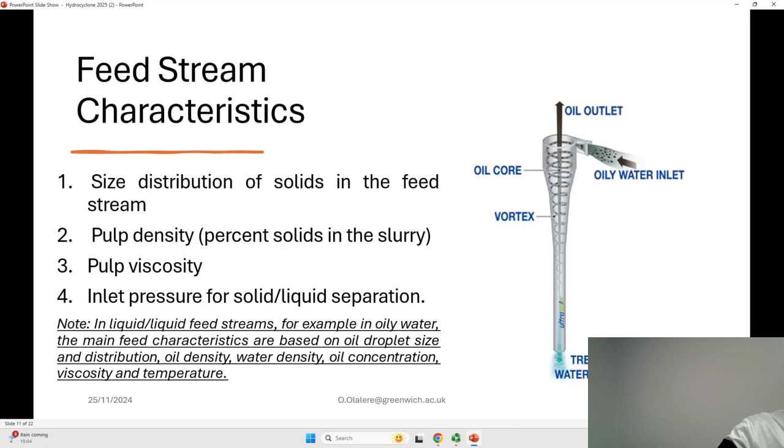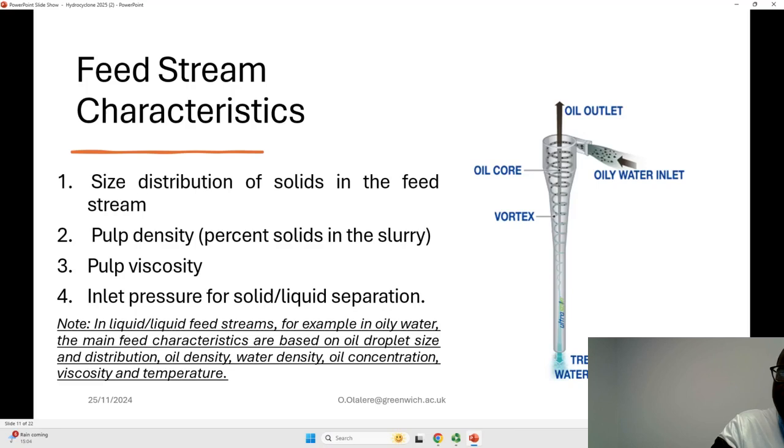When we are dealing with solid and liquid, the distribution of solid, that is how dispersed the solid particles are inside the liquid, affects the performance of our cyclone. And the next one is the pulp density. That is the percentage of solid inside our mixture.